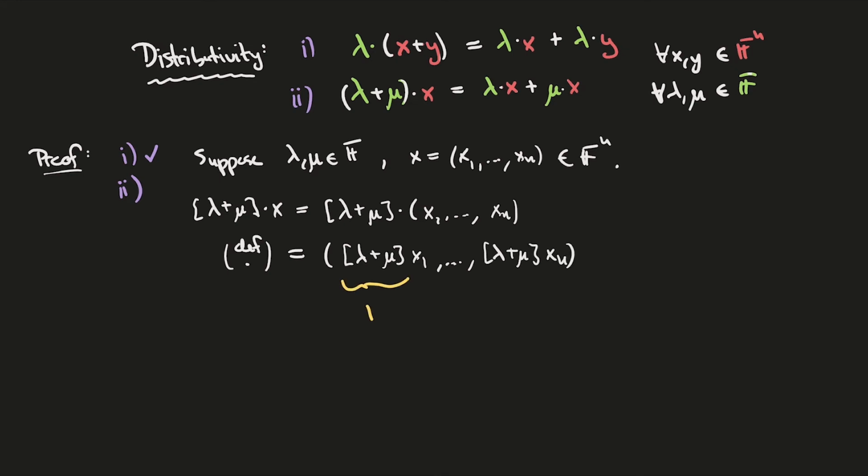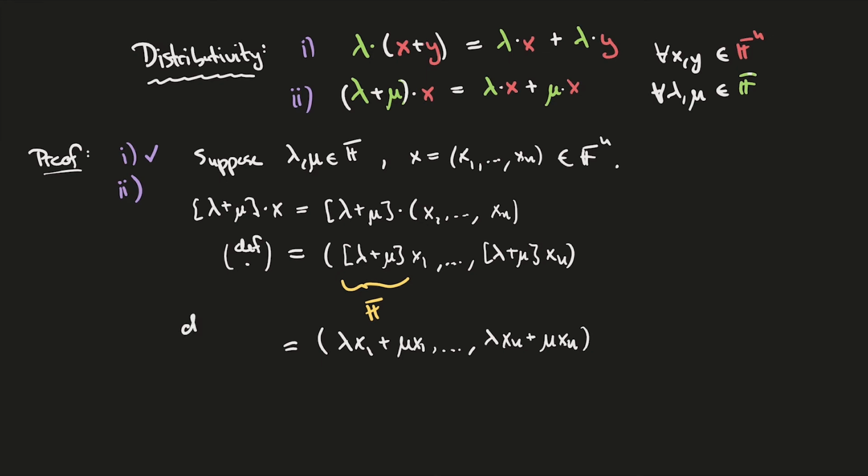Looking at an arbitrary coordinate, we again see that the operations here are just happening in F, and we know that multiplication distributes over addition in F, so applying that we get that this is equal to (lambda times x1 plus mu times x1, and so on, up to lambda times xn plus mu times xn).